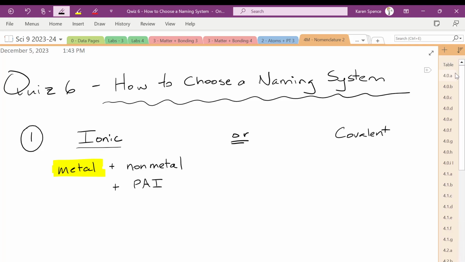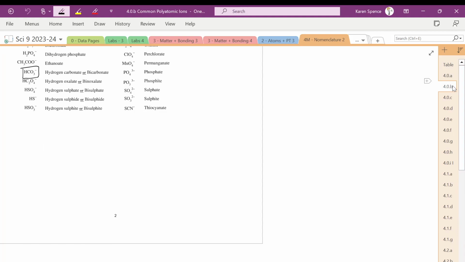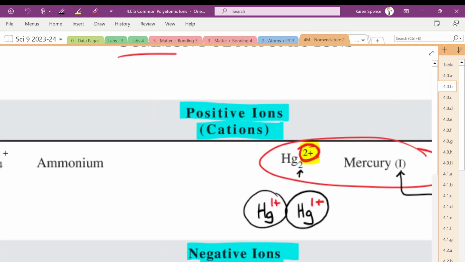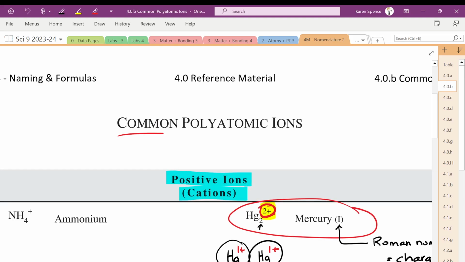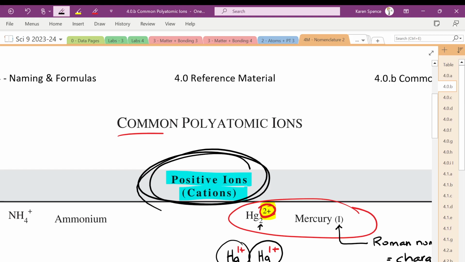Yes, I think I heard it. Is it this one? Yes, here we go. Look, way up at the top of your polyatomic ion page, you have positive cations. Now, mercury is still a metal, but ammonium is made of 2 nonmetals. But you do have to recognize that it is a positive ion, so it will be part of an ionic compound.